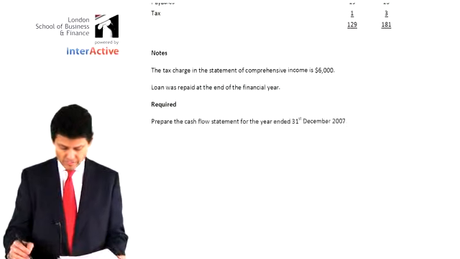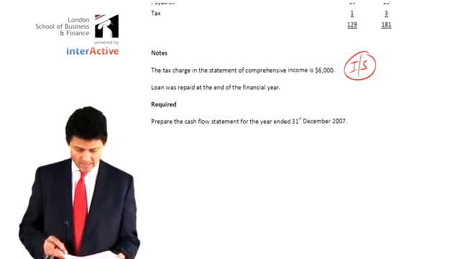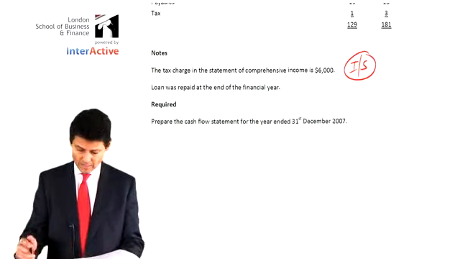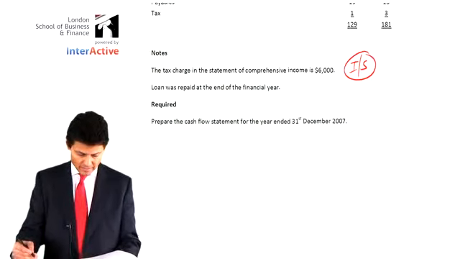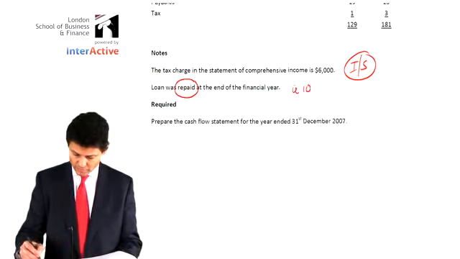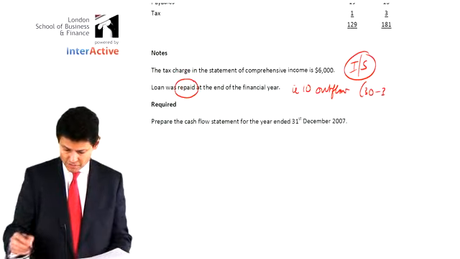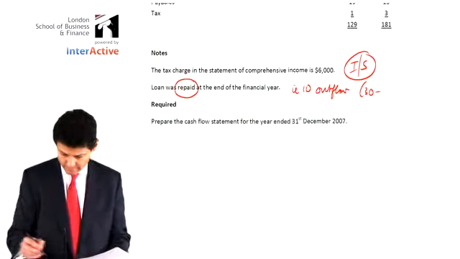So that goes obviously to the income statement, most definitely, or has gone. The loan was repaid at the end of the financial year, so that must be an outflow. So what we guessed earlier is actually true. 30 minus 20, of course, is 10.